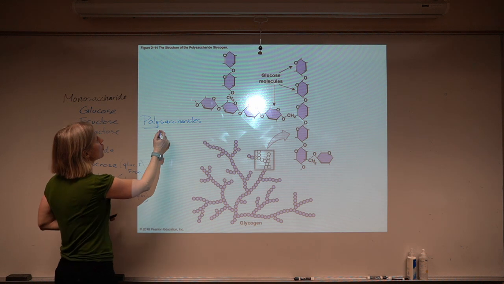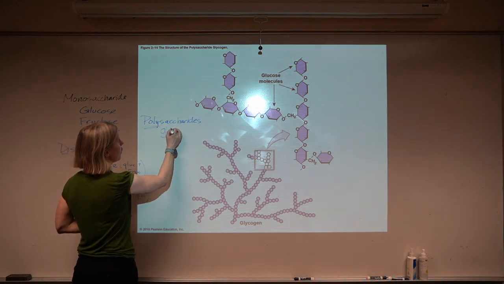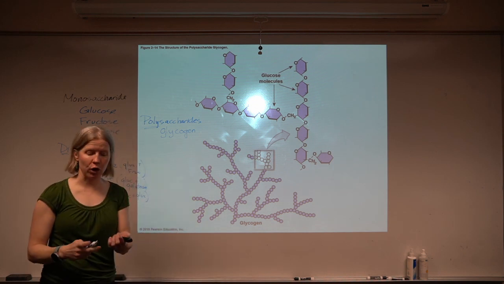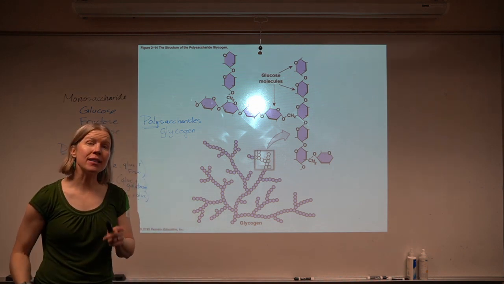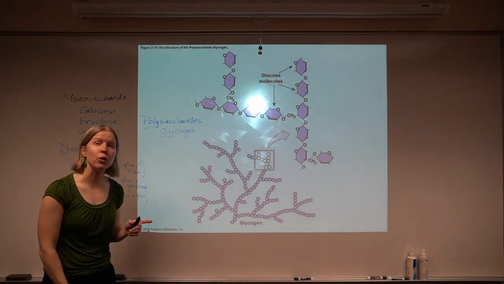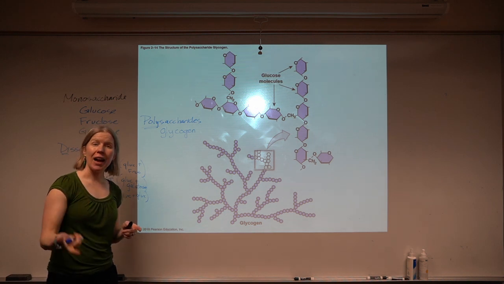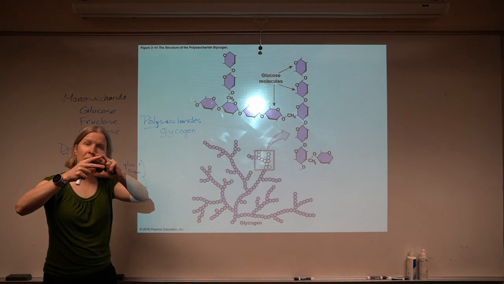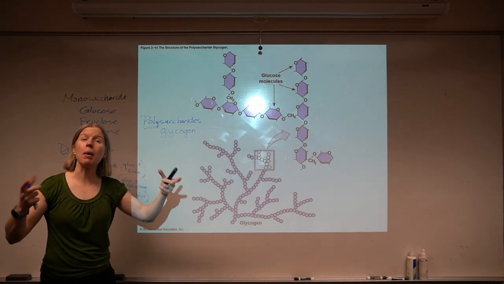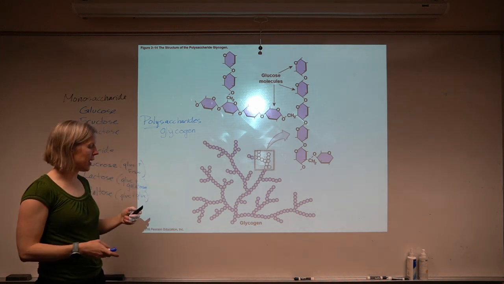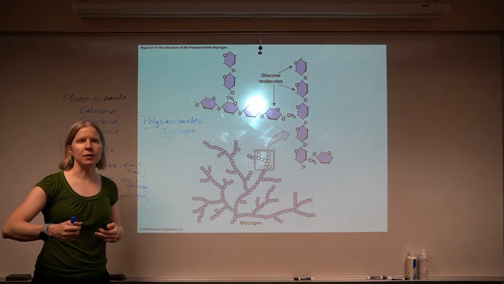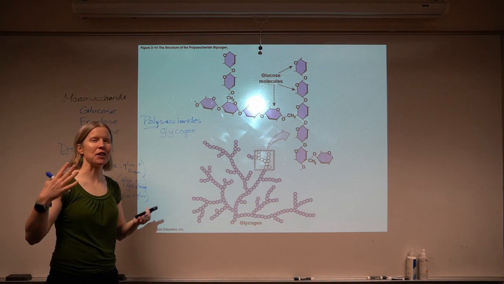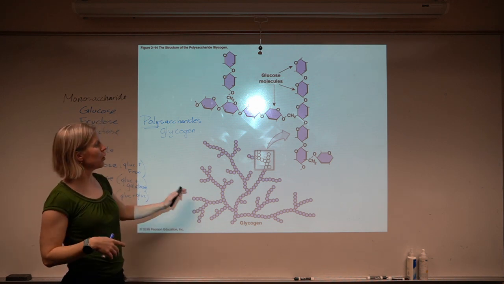In this case, they're showing us glycogen, which is a very important carbohydrate in the body. This is how you're going to store glucose for later. So both the liver and the skeletal muscles are capable of hooking glucose molecules together into these long chains and then popping them apart when you need that energy to exercise, because you slept through the night without eating and you haven't had breakfast yet and your brain wants glucose, those sorts of things.